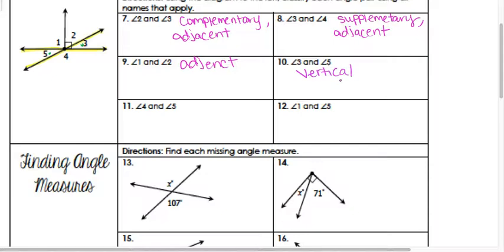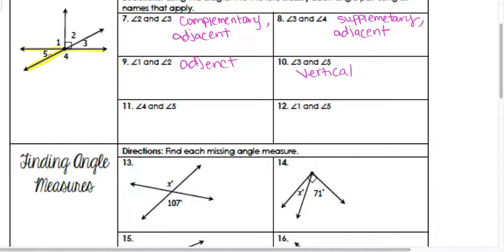Okay, good. Now, moving on to number 11. Again, I'm going to clean this up a little bit. I don't want to mess you guys up. Now we're going to be looking at angle 4 and angle 5. I'm going to highlight those. So I've got angle 4 right here, and then we have angle 5.